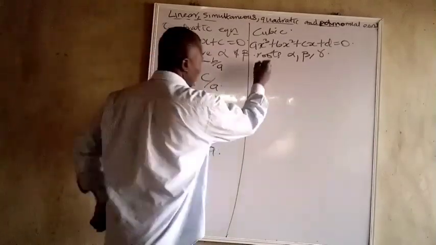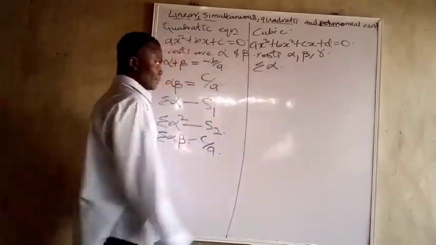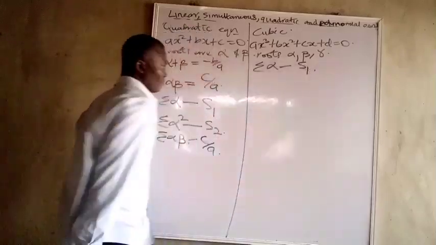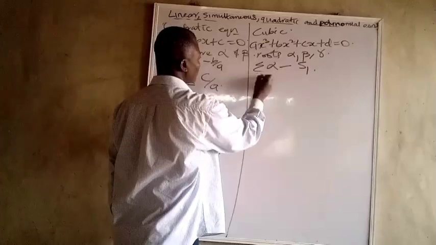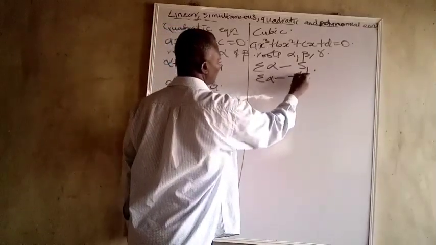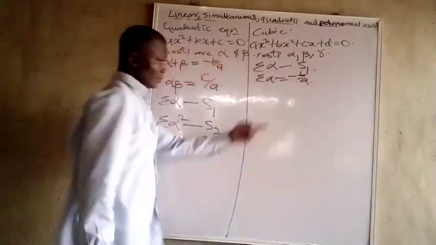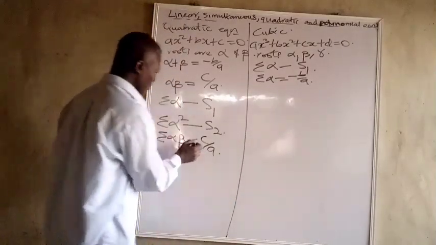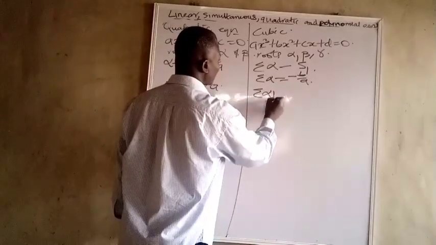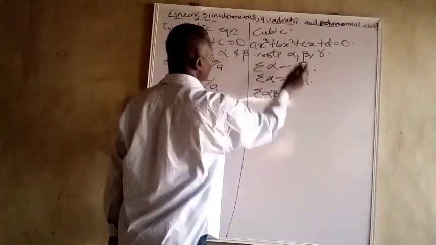And the sum of the roots, just as I said, we denote it like this. From the lecture, you get all this. Then, this sum will be minus b over a. Look at this, sum of pairs, as in products, will be c over a.